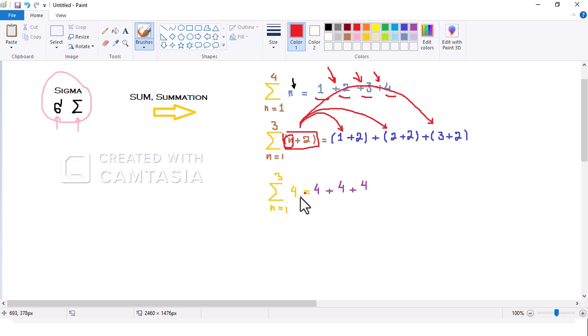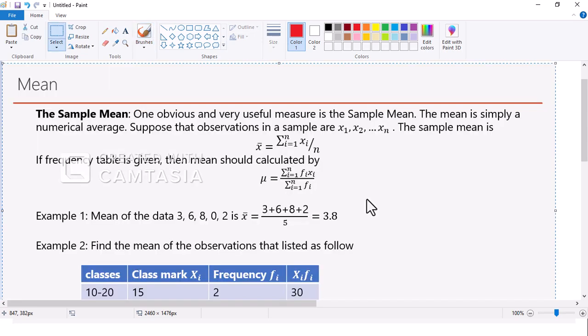And if there is no n in a summation, for example, if we have 4 inside the summation, then that number 4 is repeated 3 times without any change. So this is the summation symbol, and I hope you understand it.